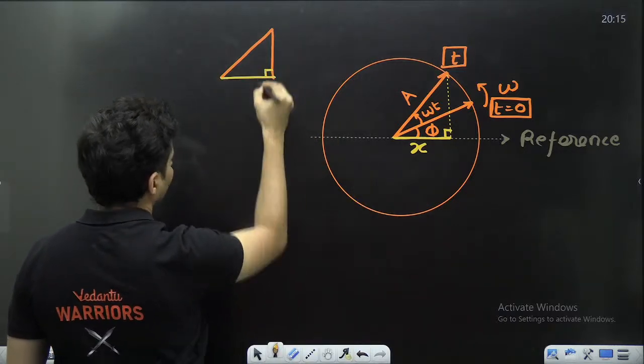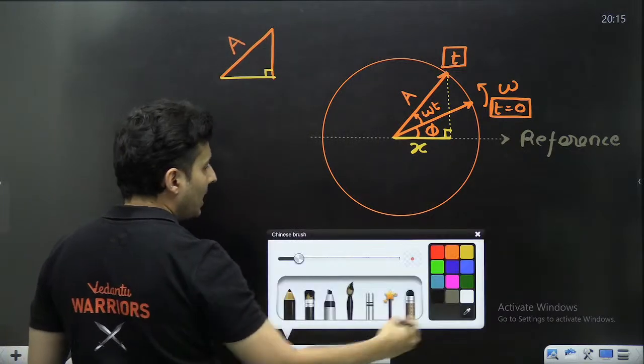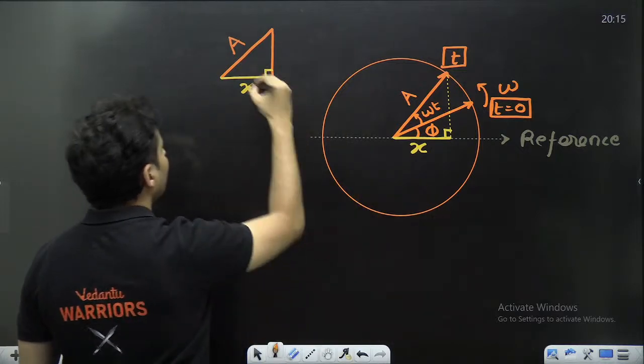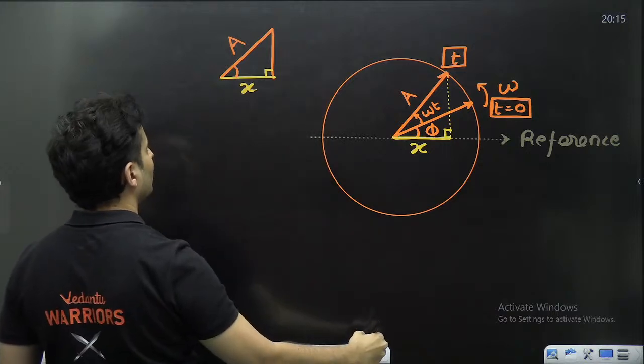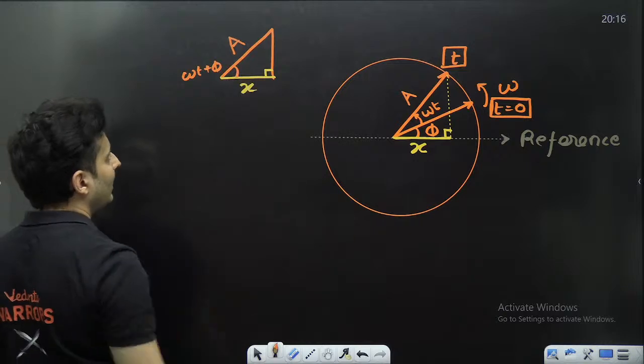The hypotenuse is a. The base is basically x, and this total angle is omega t plus phi, right? That is what that angle is.